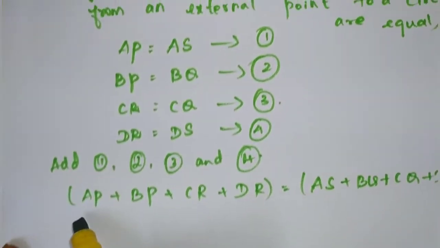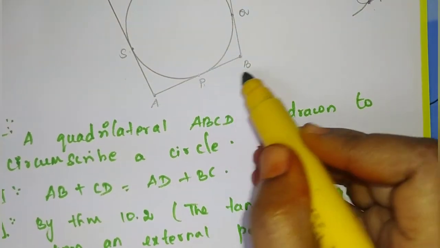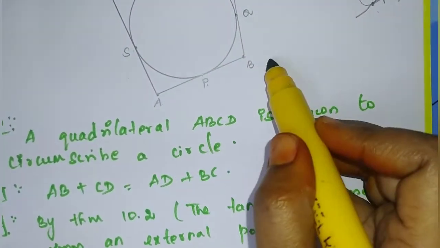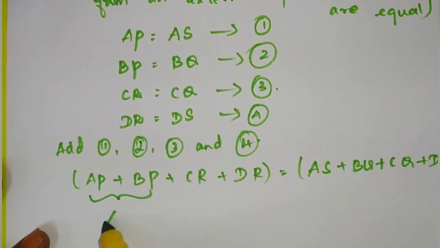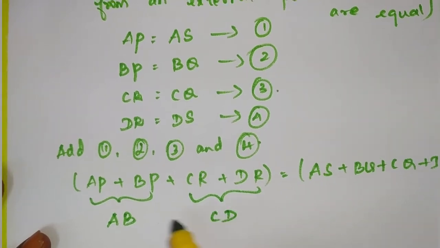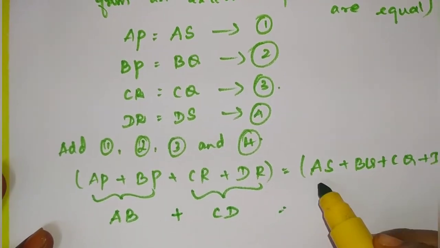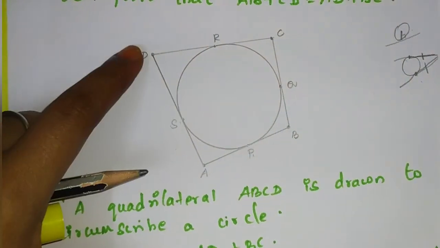So I am going to combine AP plus BP. AP plus BP will be AB. And this will be CD. Clear? And then this will be AS and DS.